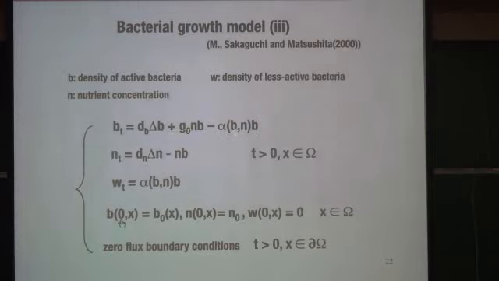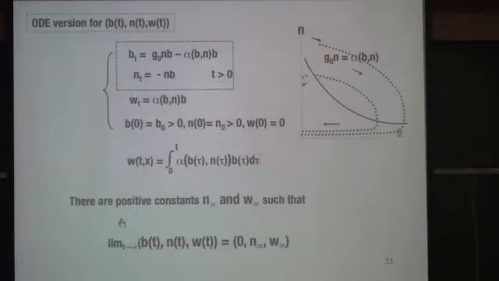If alpha is constant, it reduces to model 2. It is still essentially a two-component system. If you can solve this equation for B and N and put them here, then we can get W. That's the same story as the previous one. And this is the ODE version.